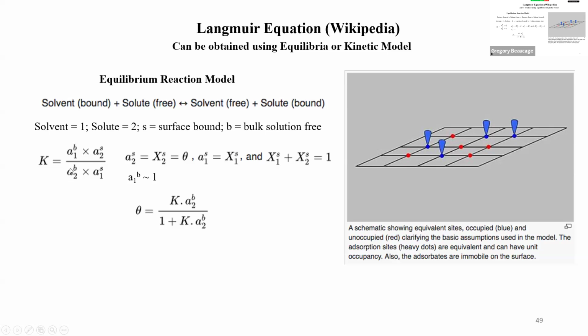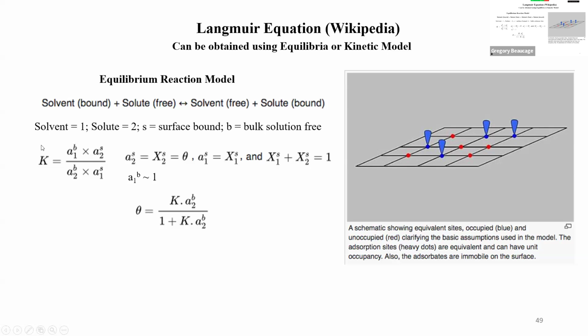So that thing's okay. And then A1 on the surface is going to be 1 minus A2 on the surface, because they have to sum to 100% of the surface sites.